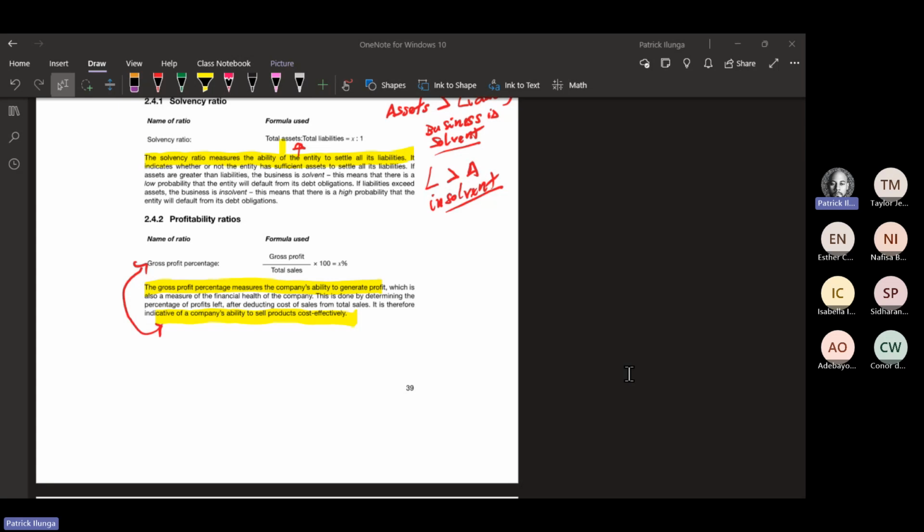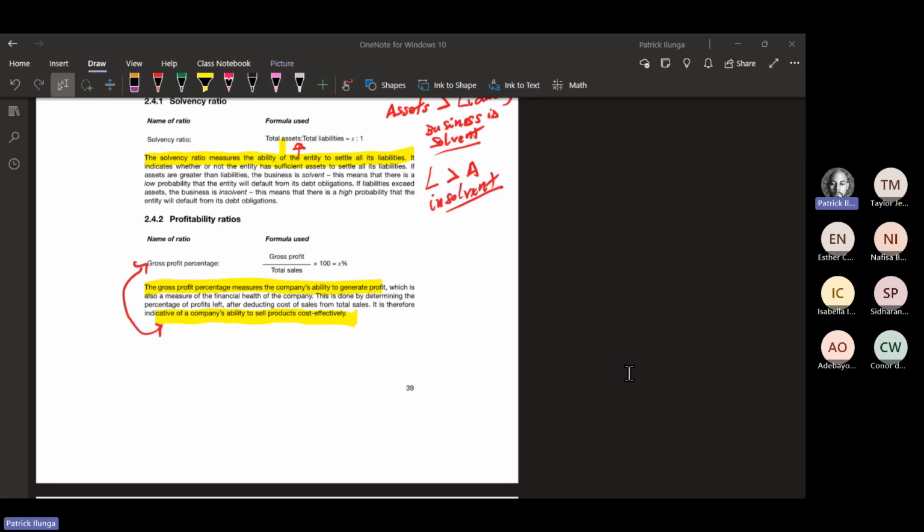Okay, so in that case, gross profit margin or percentage: once I get my revenue minus my cost of sales, I will get my gross profit. And I just divide it by the initial revenue, the initial sales, to see what percentage of the total sales this gross profit is.